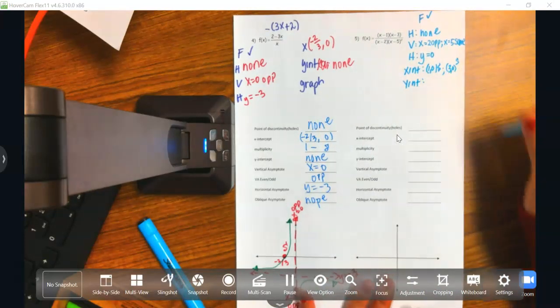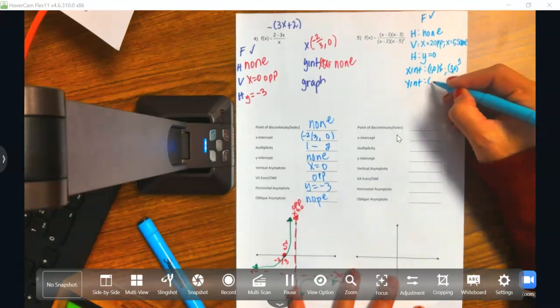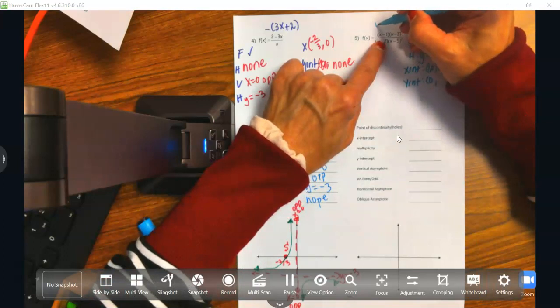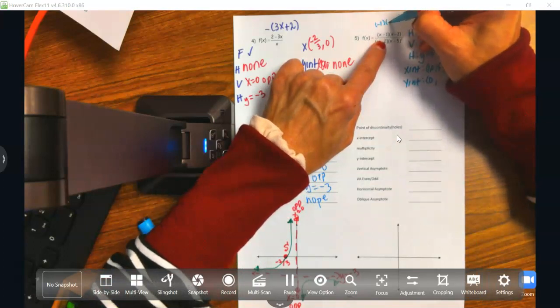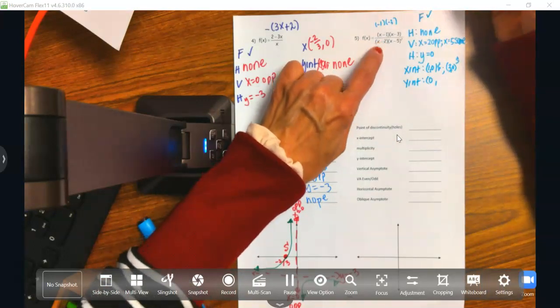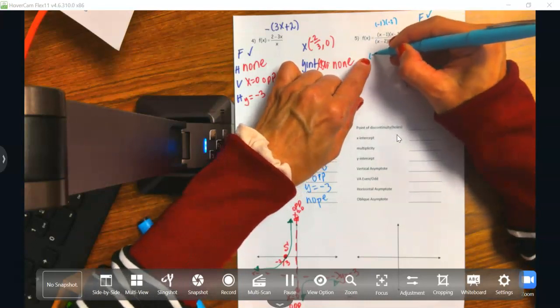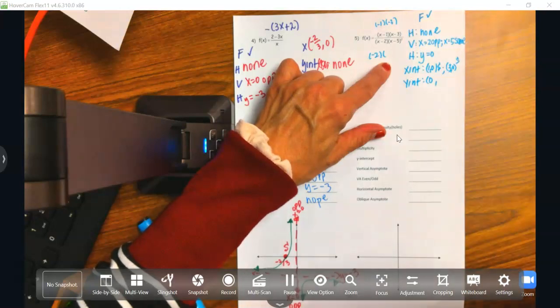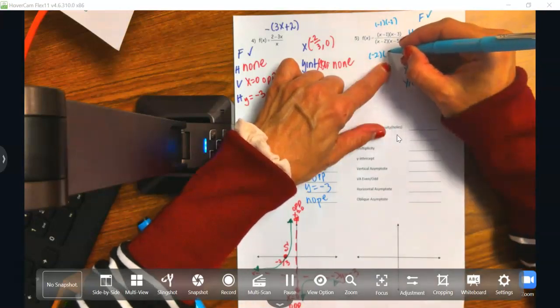Y-intercept. Well, we got to plug some stuff in and analyze it. Let's plug in 0. So when we plug in 0, that's going to be -1 times -3. That's going to be the top. When we plug in 0 at the bottom, that's going to be -2 times -5 squared.